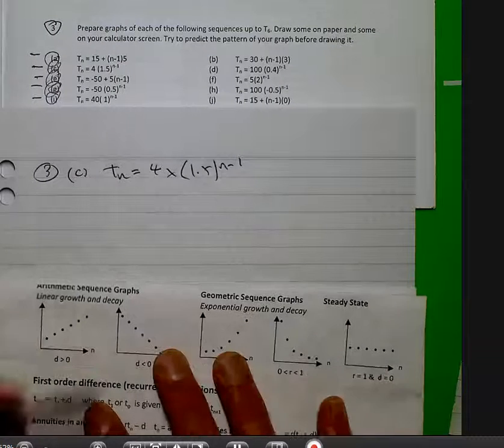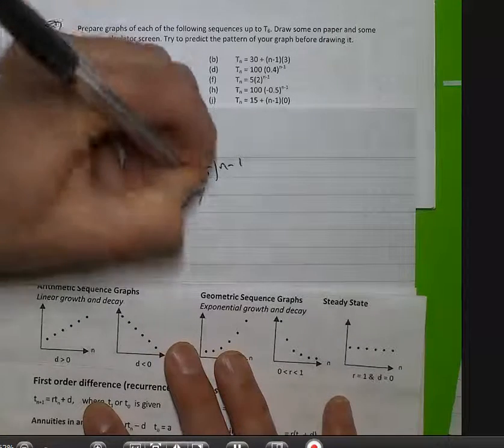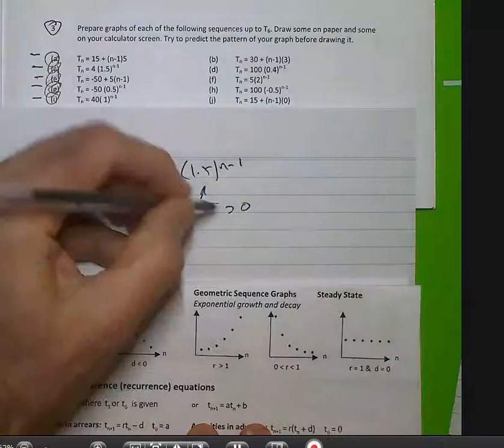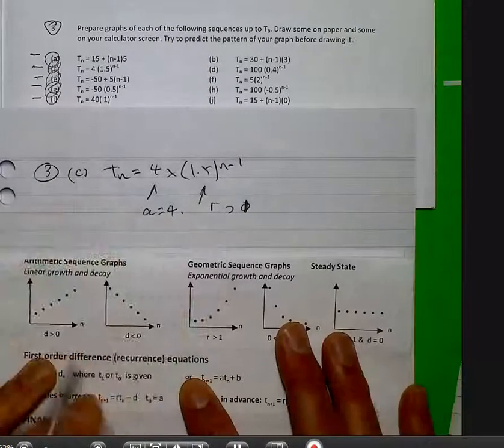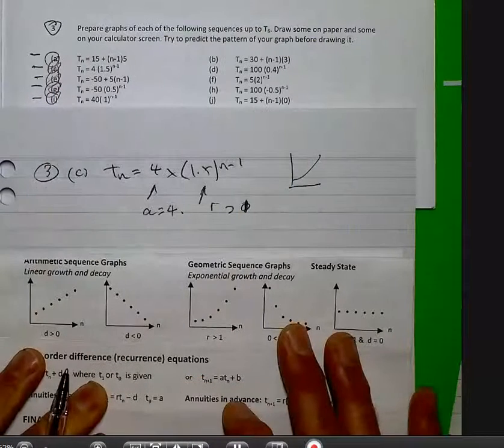In the case of C, we've got an A of 4 and we've got an R greater than 0. So greater than 1, I should say. So we're going to see an exponential growth. So we'd expect a graph looking of the following form.